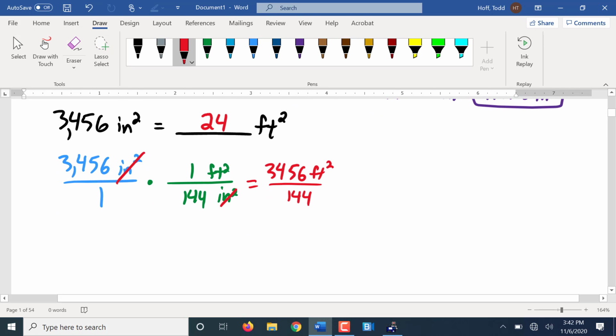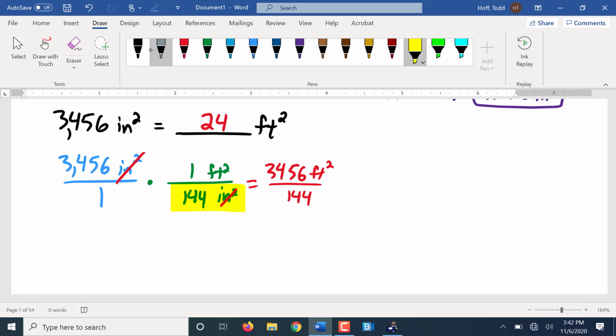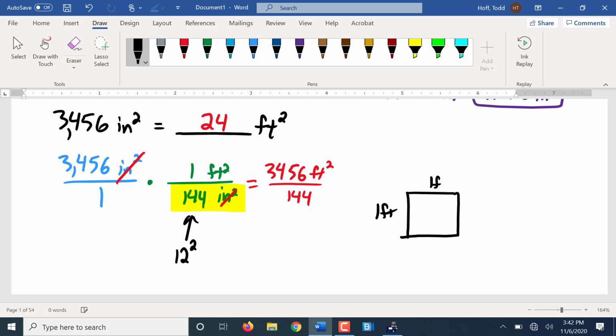Where did that 144 square inches in a square foot come from? Do you guys remember? It's just 12 squared. 1 square foot is 1 foot by 1 foot.